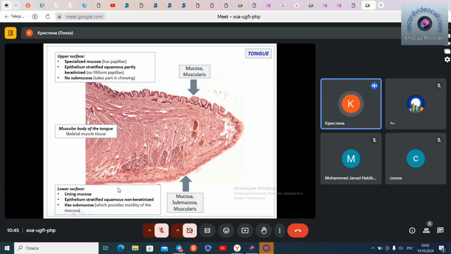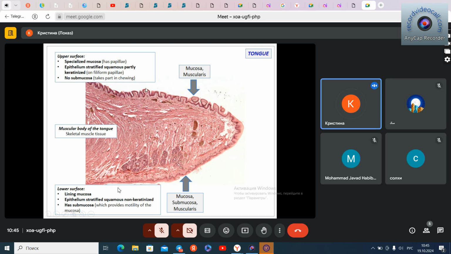Muscular body of the tongue fills most of the volume of the tongue. It contains muscle fibers. So these long elements here are muscle fibers. They are located in 3 different planes. So somewhere we can see them longitudinally sectioned, somewhere cross-sectioned, and somewhere oblique sectioned.